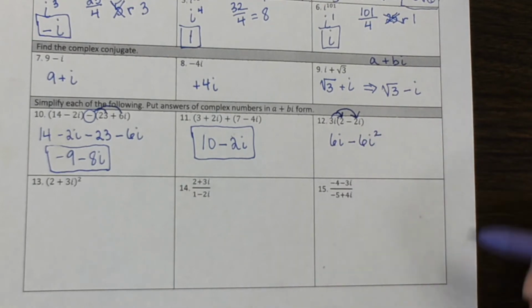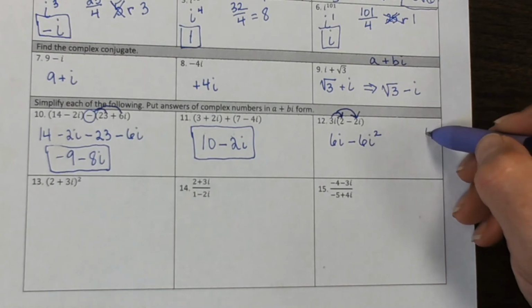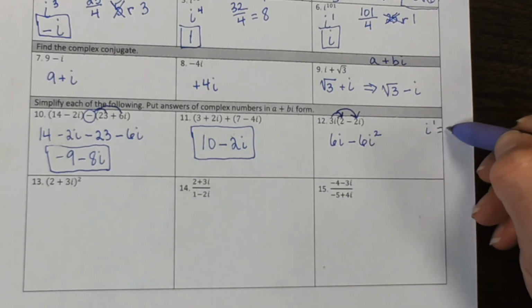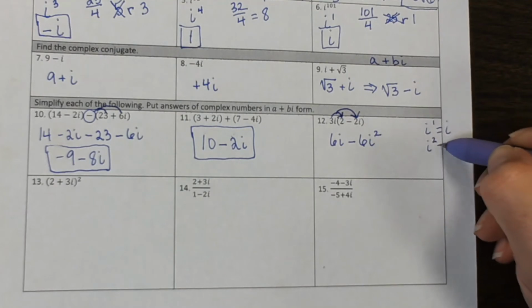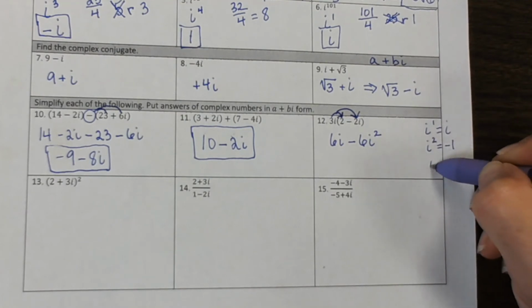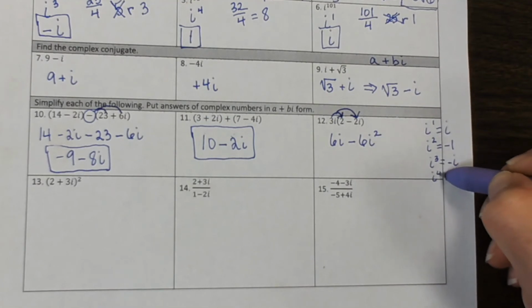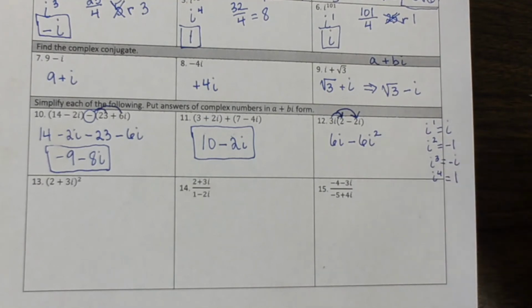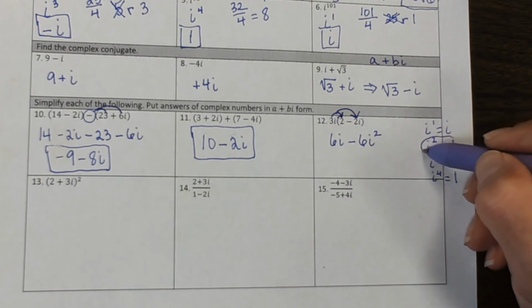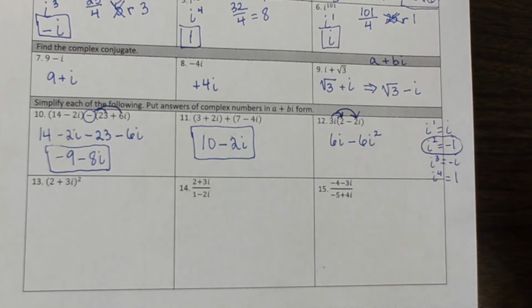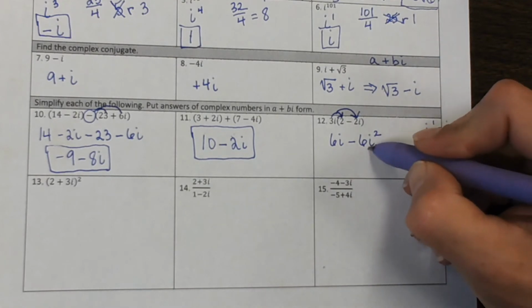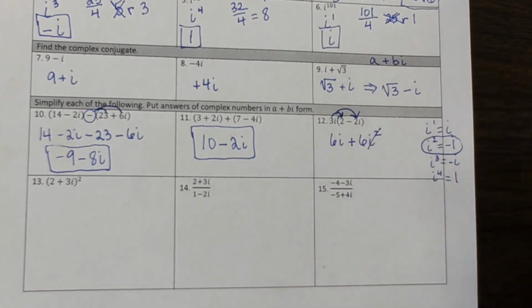Okay, now guys, if we remember that pattern, we have i to the 1 is just equal to i, i squared is equal to negative 1, i to the third is equal to negative i, and i to the fourth is equal to 1. This is the part here we want to pay attention to. Anytime I have an i squared, basically I want to cancel it out and change the sign in front of it.